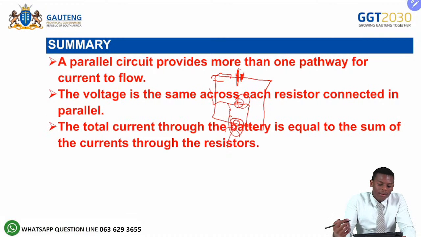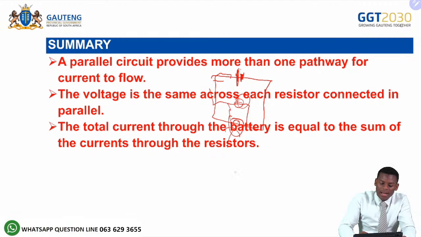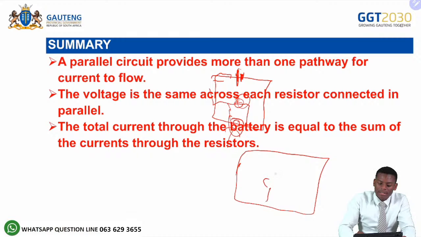The last point: the current that flows through the battery is equal to the sum of the currents through the resistors. Like I have mentioned, this is our diagram. Let's put bulbs here and say these are our resistors.